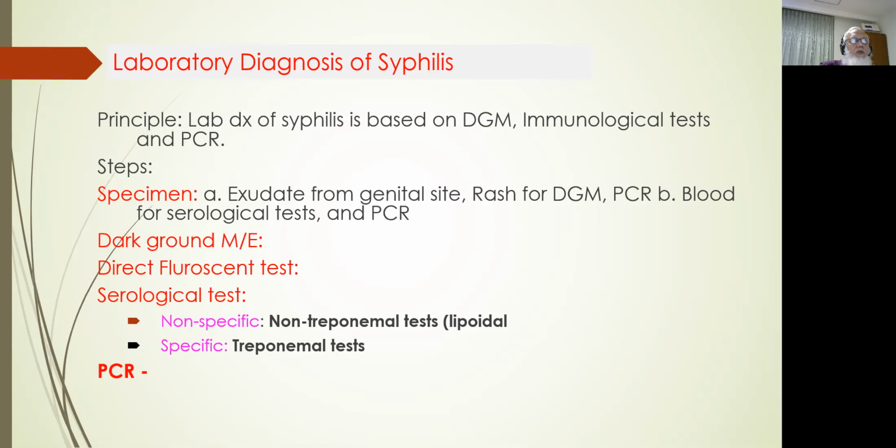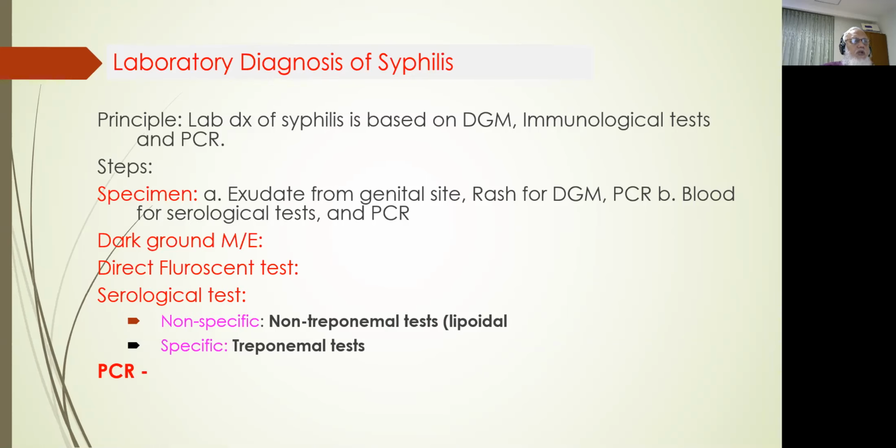A specimen from the genital site, rash for dark ground microscopy, blood for serological test, and PCR from the exudate. Dark ground microscopy is very helpful because Treponema pallidum is very thin and cannot be stained by gram staining method. Direct fluorescent test can also be done.